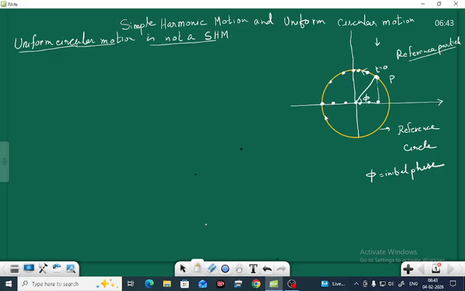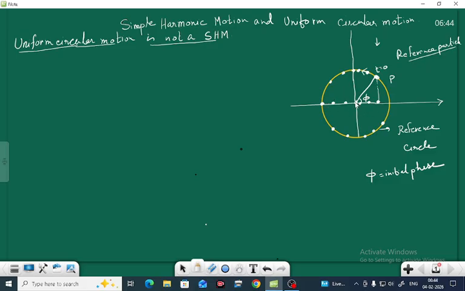And here it crosses, the projection of this particle falls here. The projection of this particle in this direction will fall here. So this is executing simple harmonic motion.